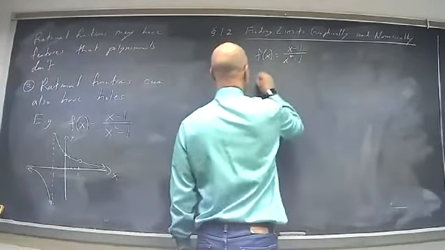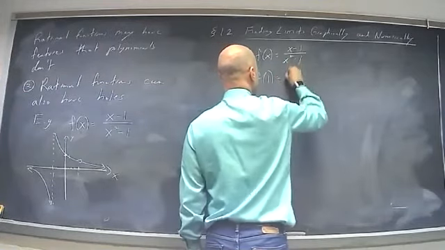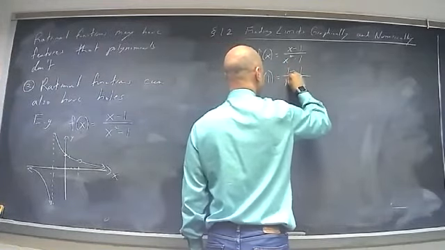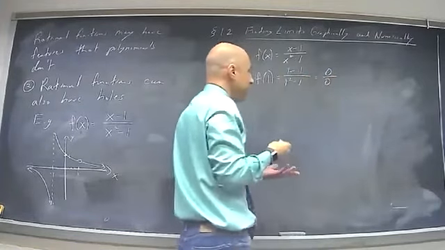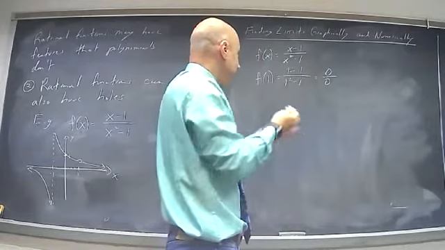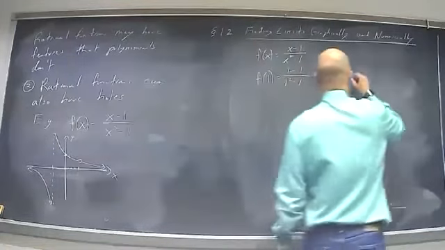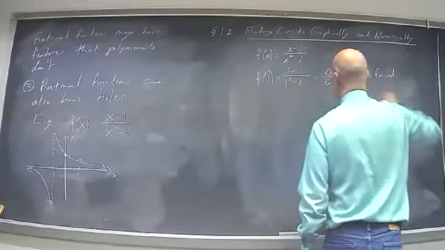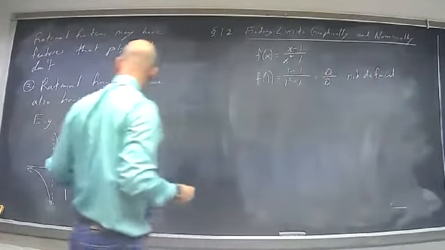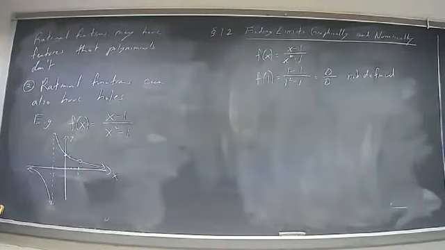If we try to plug in 1, we get 1 minus 1 over 1 squared minus 1. That's 0 over 0. That's not defined. So f of 1 is not defined. That's why we have a hole in the curve. We can't plug 1 in.